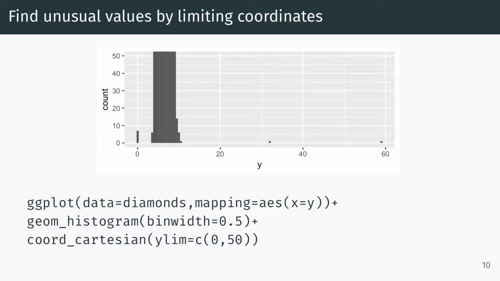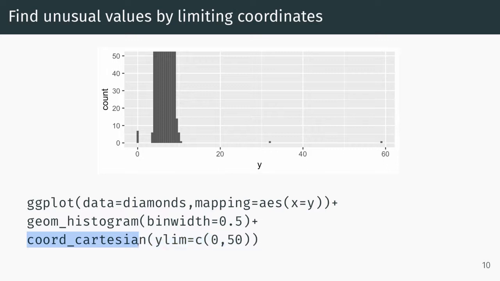Okay, and you can find unusual values by limiting the coordinates. So here we've created a window. Well, let's put it this way: these observations would be invisible if we didn't limit with this coord_cartesian.